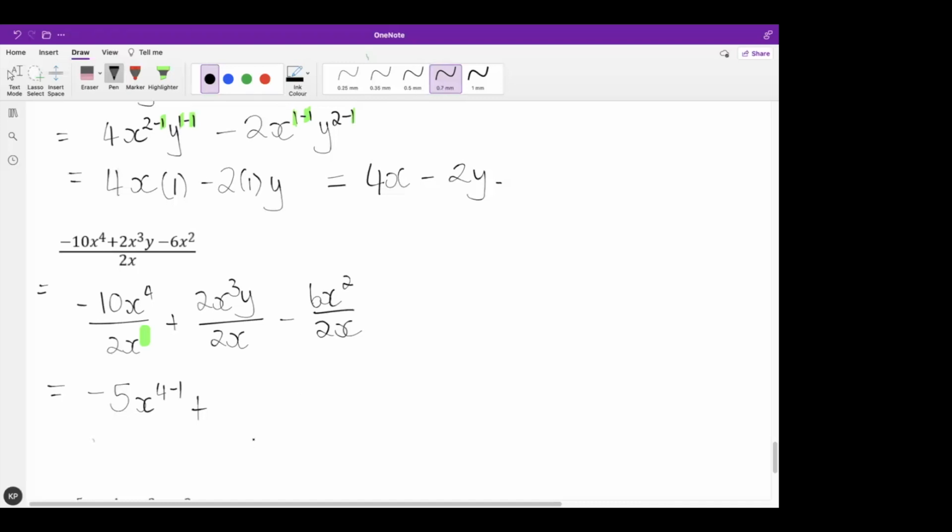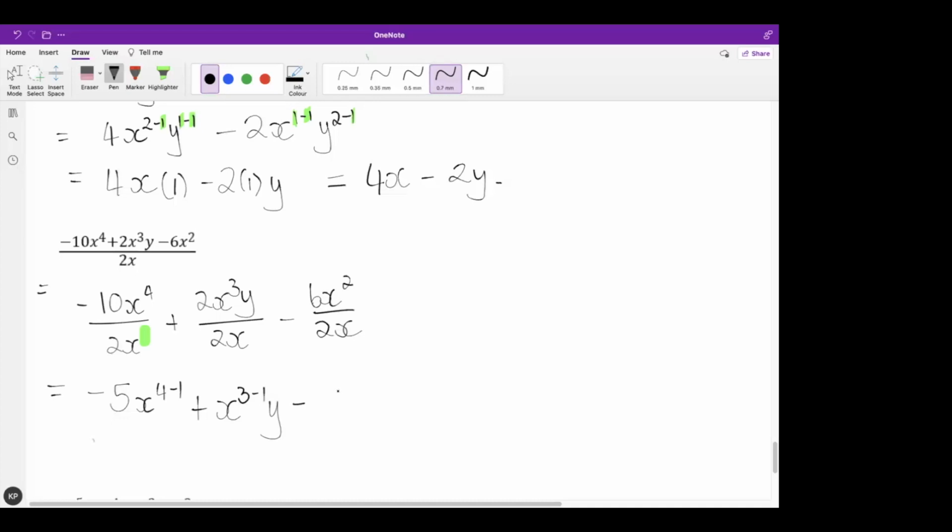2 divided by 2. That is just 1. Is it necessary that I write my 1? No. So I'm going to go ahead and write my variable. So it's x to the power of 3 minus 1, and y is on its own in this case.